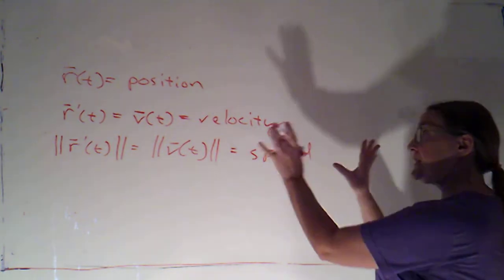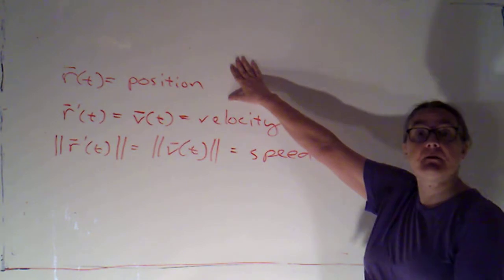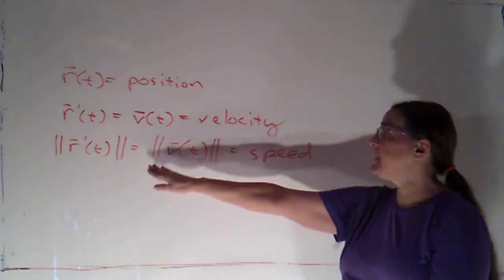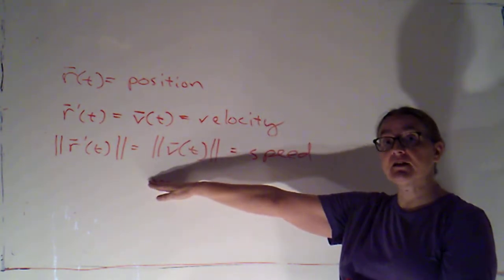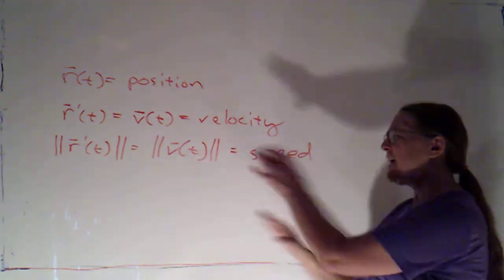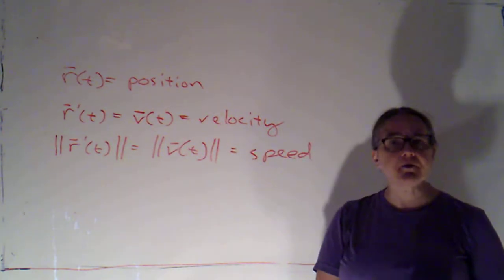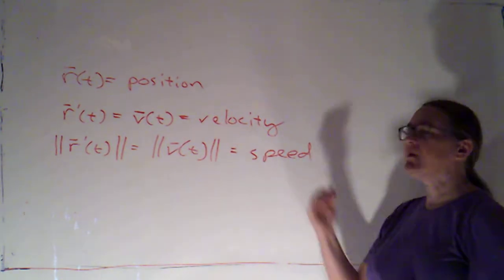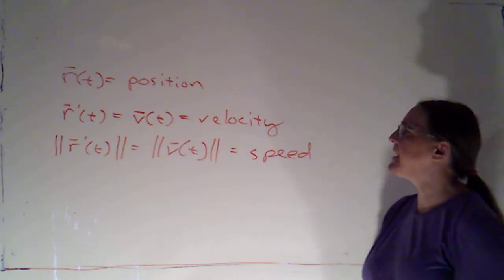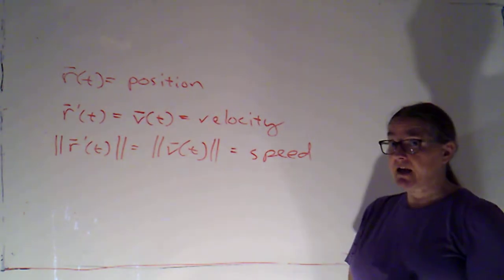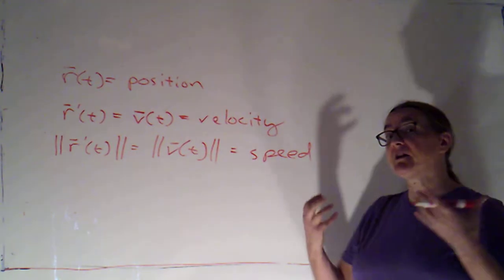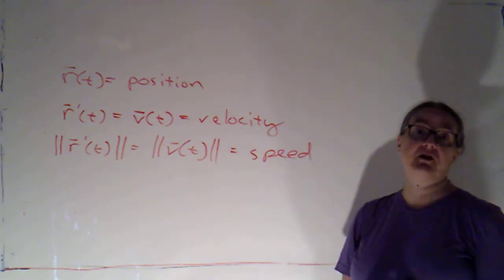So at least with this particular example, when r of t represents a position, we can understand what the magnitude of the derivative means, and we'll see how that generalizes to other types of functions when we get to the next section.